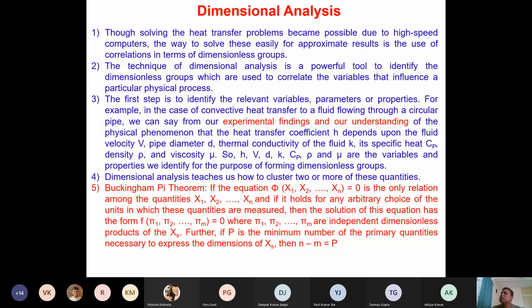Such groups can be found directly by using dimensional analysis.